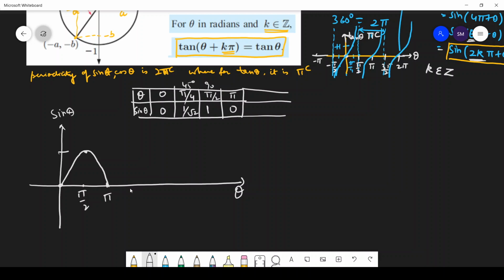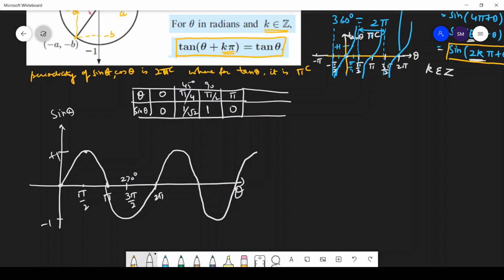Now, at 3 pi by 2, which means 270 degrees, this will be minus 1, and then at 360 degrees it will again be 0, and then again the same.